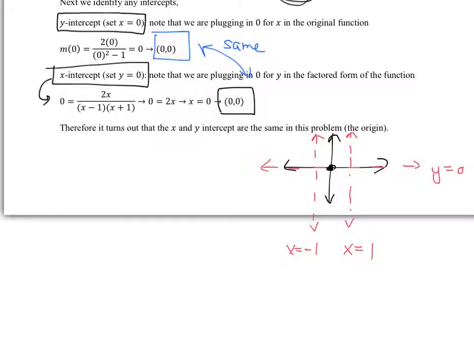How about outside of 1? Yeah, you could just go 2, 3, 4, 5. Now, as you become more familiar with these graphs, you want to pick points very close to the vertical asymptote, so you can see how the graph shoots up or shoots down.